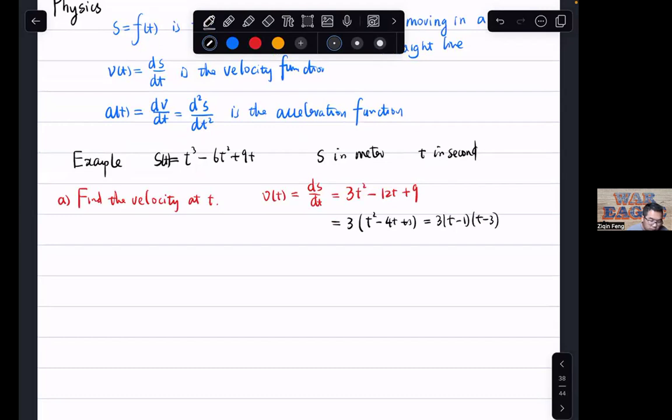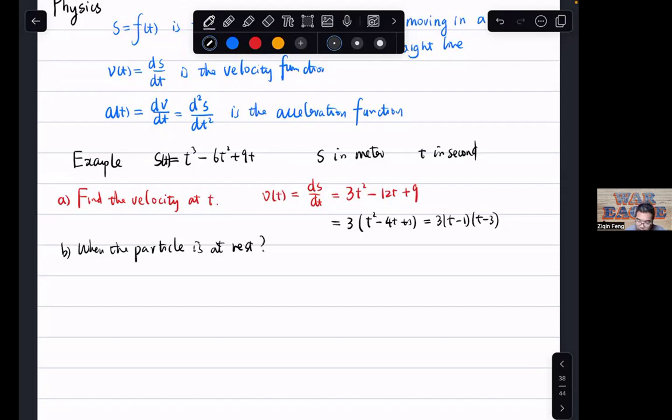So B here is when the particle is at rest. At rest means velocity is 0.